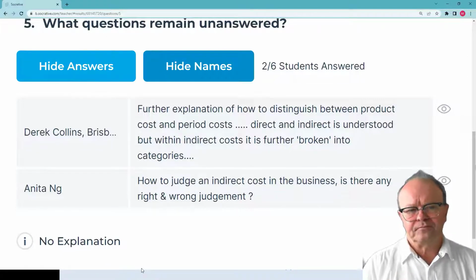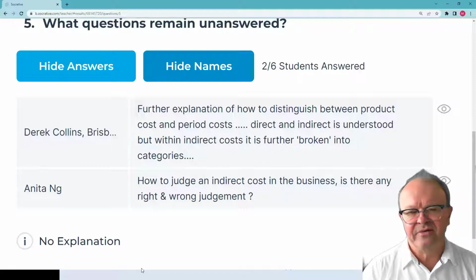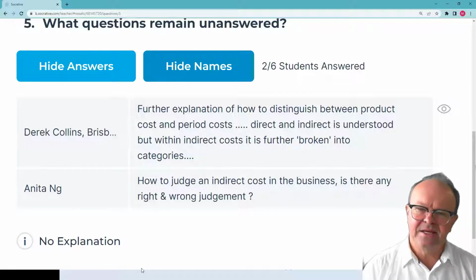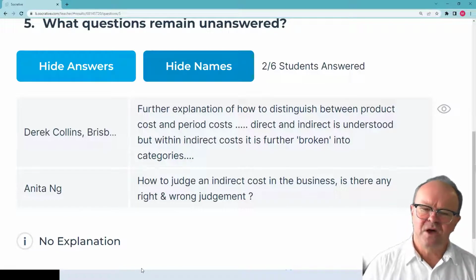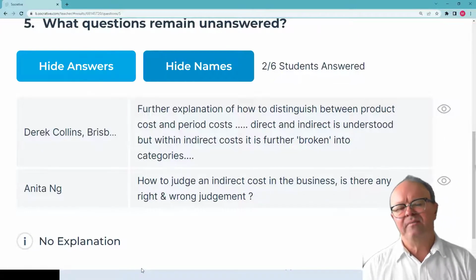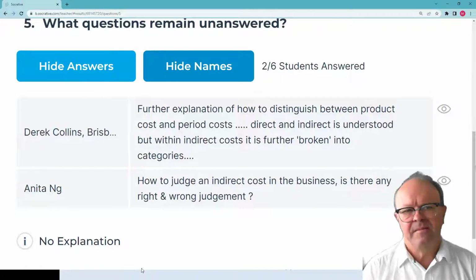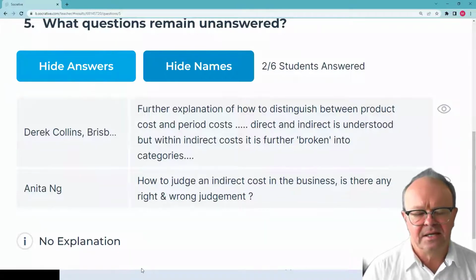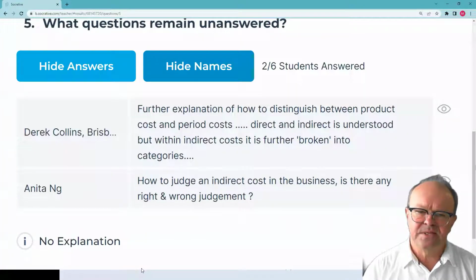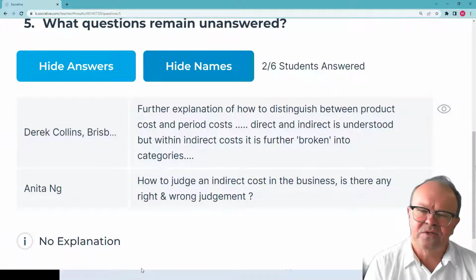Is there any right and wrong judgment? Well, the ethical issue for accountants generally is all these different judgments we make in accounting should be made based on trying to help people better understand what is going on in the business. So if we're making judgments between product and period costs, we should be seeking to make those judgments in a way that helps the accounts better reflect what's really going on.